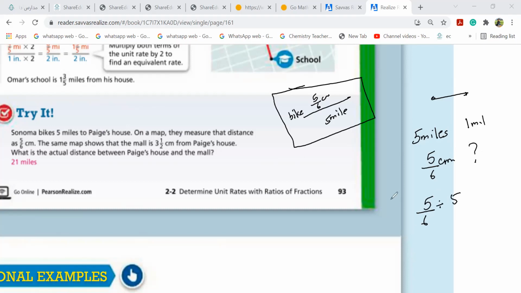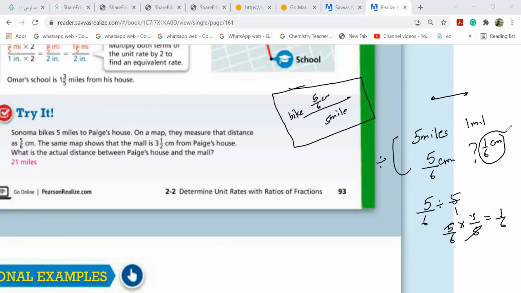Am I correct? To know for 1 mile first, okay? When I divide this, I get 5/6 times, flip this. So you have 1/6. For 1 mile, it is 1/6 centimeter.